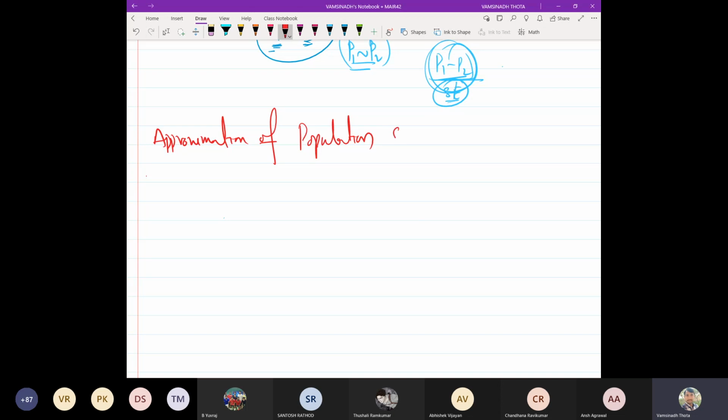Approximation for population standard deviations. The first case: sample versus population.